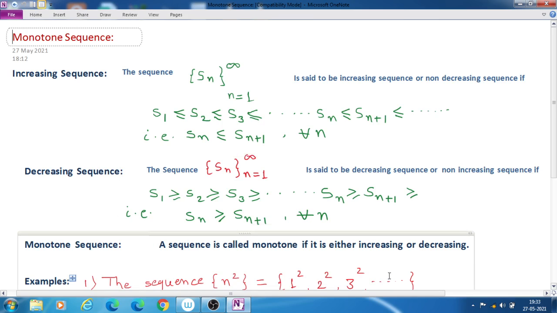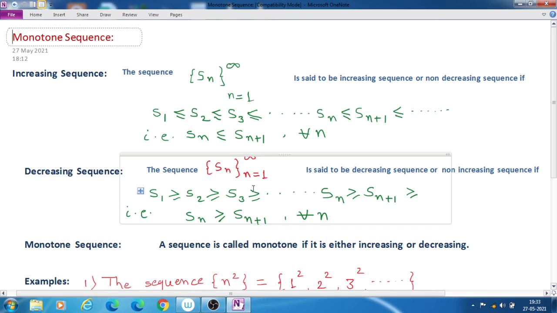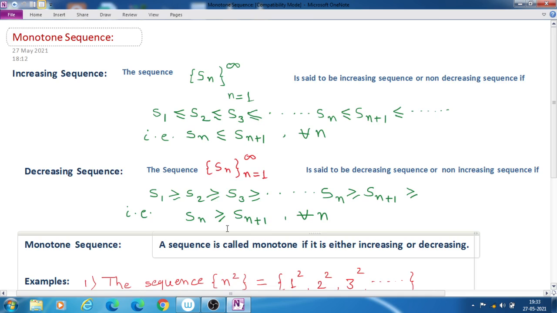Now similarly, a decreasing sequence. The sequence Sn, n equal to 1 to infinity, is said to be a decreasing sequence if S1 is greater than or equal to S2, S2 is greater than or equal to S3, and so on. In general, the nth term Sn is greater than or equal to the next, n plus 1th term.